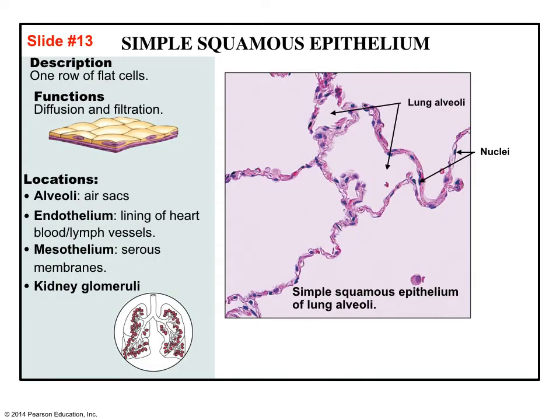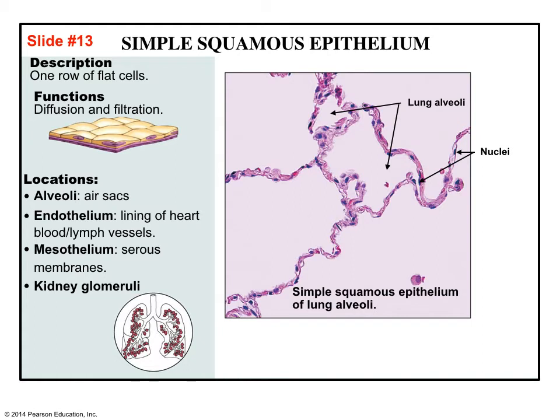Specific types of epithelia, for our purposes, we'll start with simple squamous epithelium, the thinnest epithelium, one row of flat cells. This is for diffusion and filtration. Location of simple squamous epithelium would include things like the air sacs in the lungs.